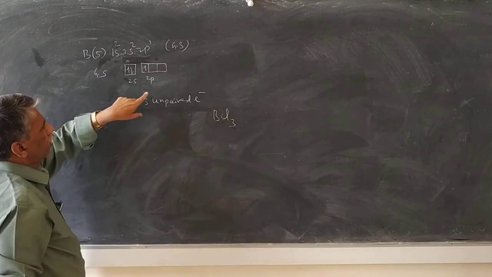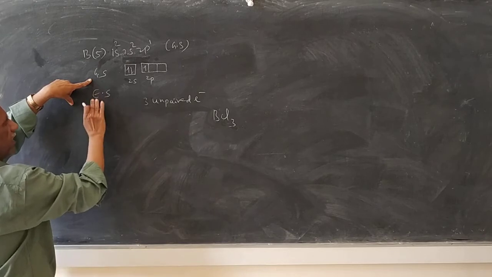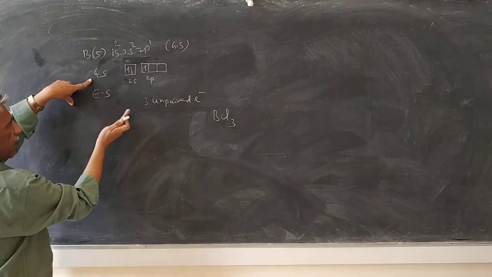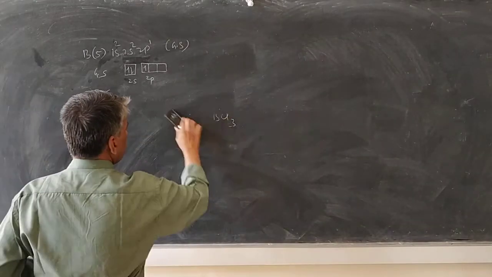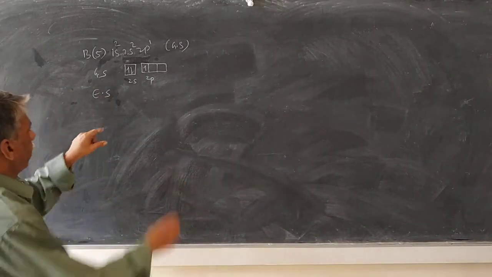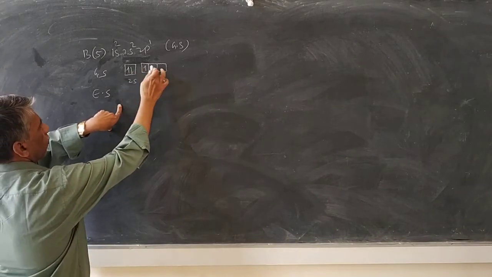Hence, we have to consider the excited state. Excited state configuration is necessary now. We need the excited state. So in the excited state, what happens? One of the electrons from 2s is sent to 2p.